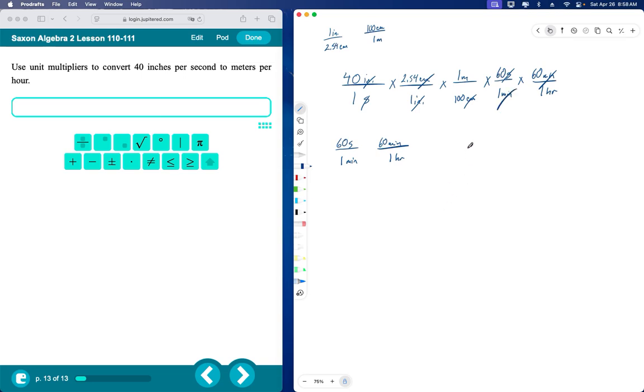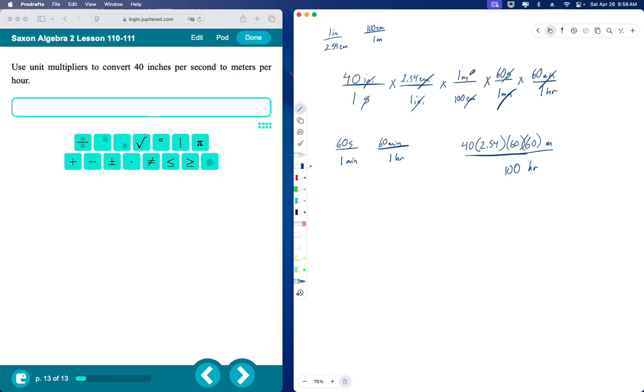So what we have is 40 times 2.54 times 1, and that's meters, over, actually, not done yet, 60 times 60 meters over 100 hours.